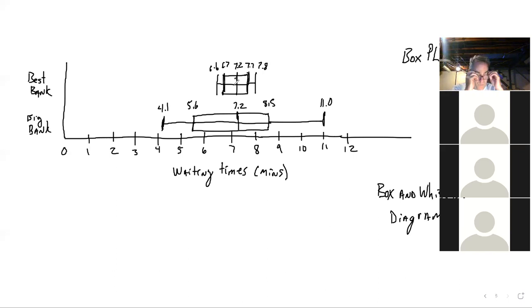But what would be nice is if there was a way I could look at variation with one number. Just calculate one number, and then based on that number, I would get a good sense of how much variation was in the data. And there is, in fact, a way to do that.